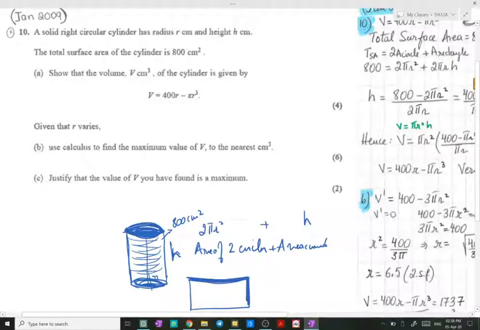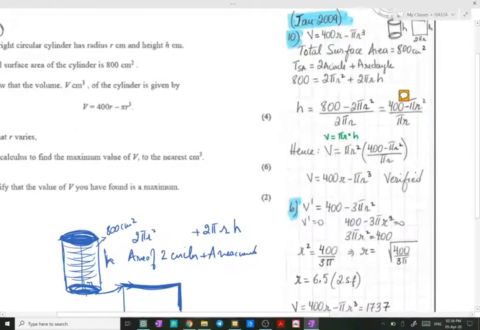What's the circumference of the circle? It's 2 pi r. So in other words, 800 equals 2 pi r squared plus 2 pi r times h.